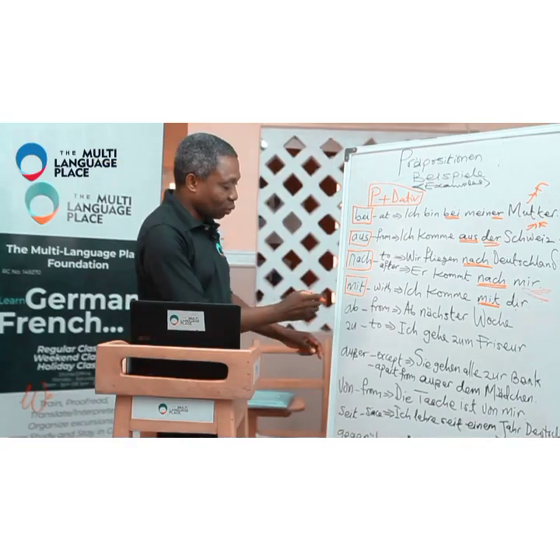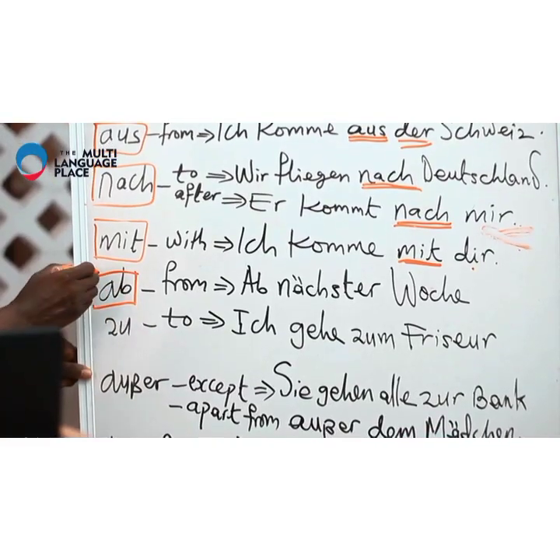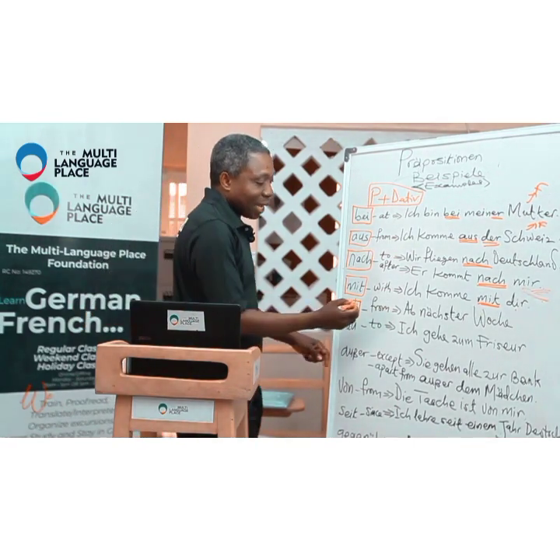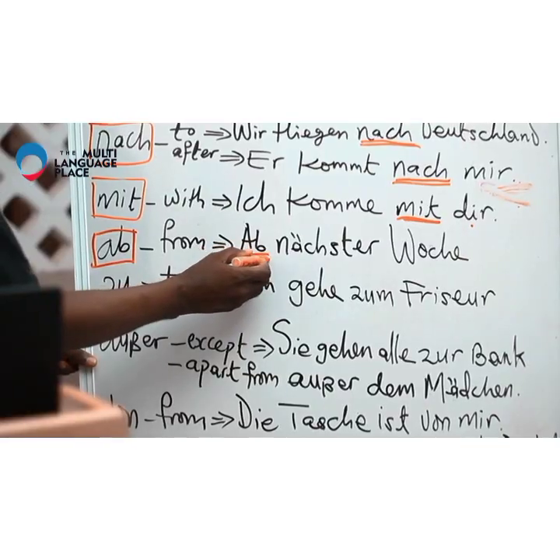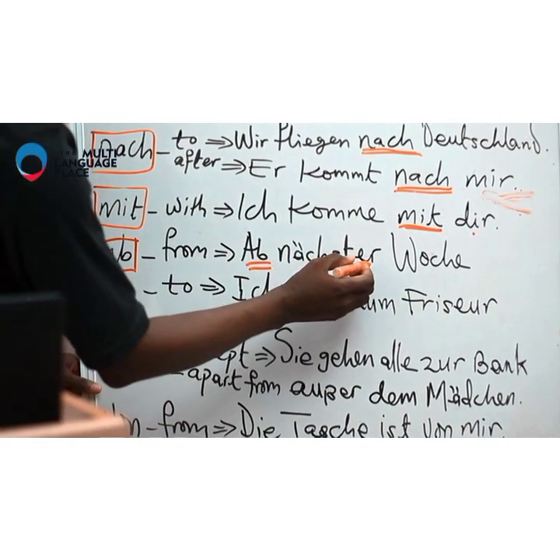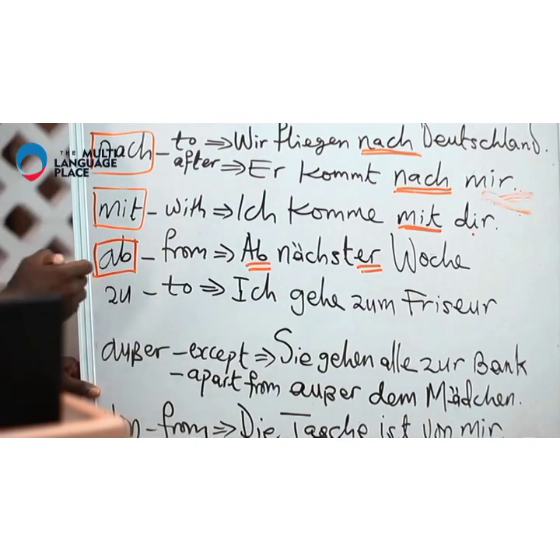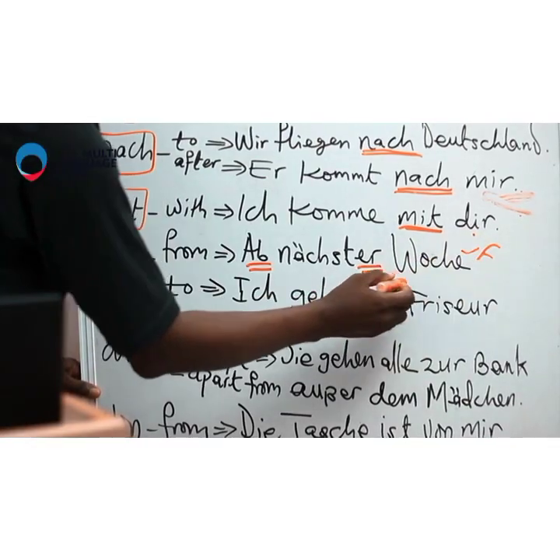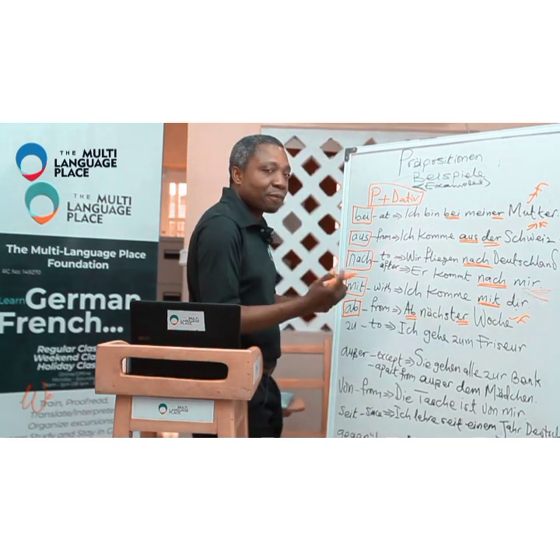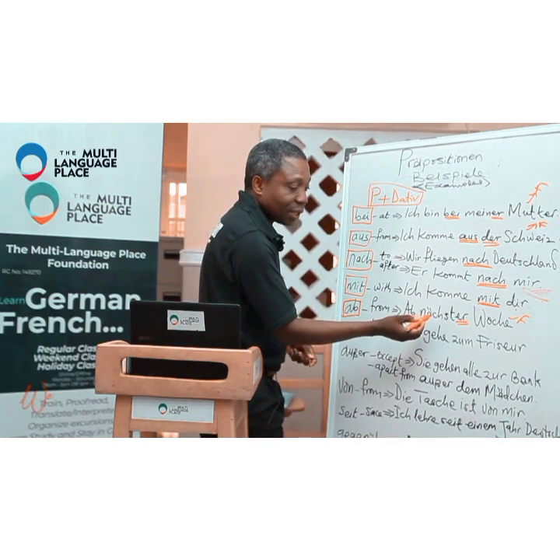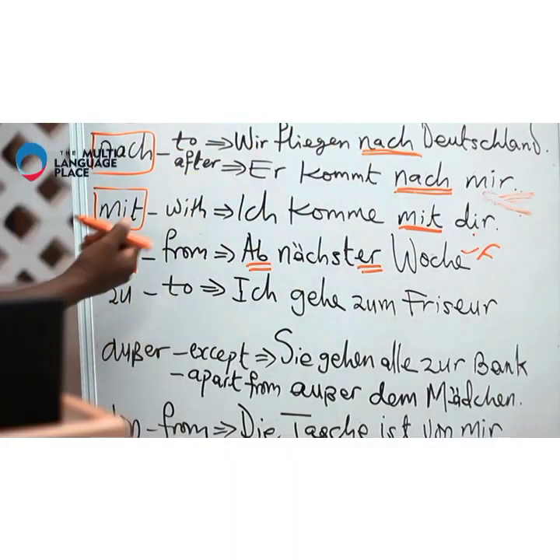And then we have the next one, which is ab. It means from. And we have ab, this is the preposition. Ab nächster Woche. The ER is there because Woche is feminine, and this is the feminine ending for adjectives that are dative.